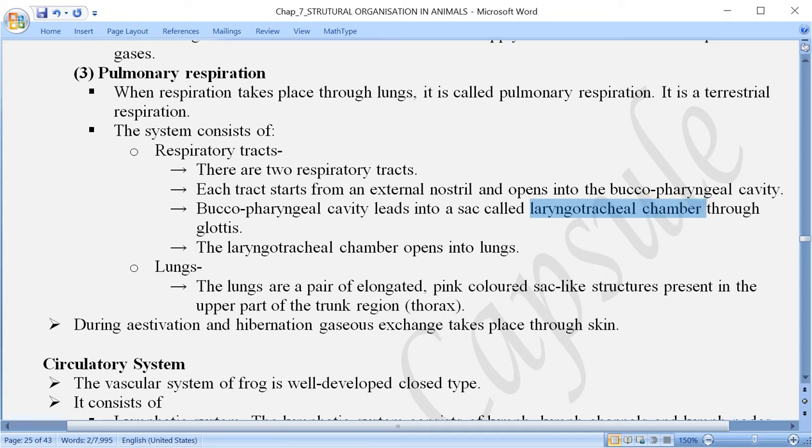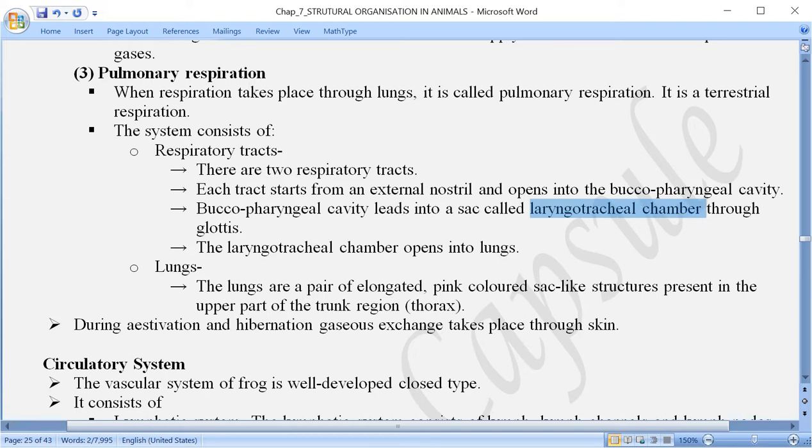You understand glottis? That is the opening of the windpipe, or the trachea, which is guarded by the epiglottis that you have learnt in your previous class, present in human beings. Very similar to that it is in the frog also. Once again, first the air enters from the external nostril into the buccopharyngeal cavity, and from the buccopharyngeal cavity it leads into the laryngotracheal chamber through the glottis.